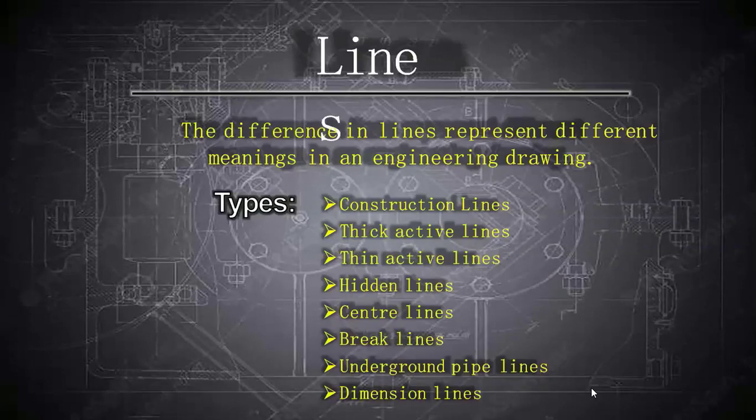After that, the hidden lines, then the center line, then the break line. Center lines are drawn to indicate the axis of cylindrical, conical and spherical objects or details, and also to show the center of a circle and arc. They are thin, long chain lines composed of alternately long dashes and dots, with a space approximately 1 mm apart.